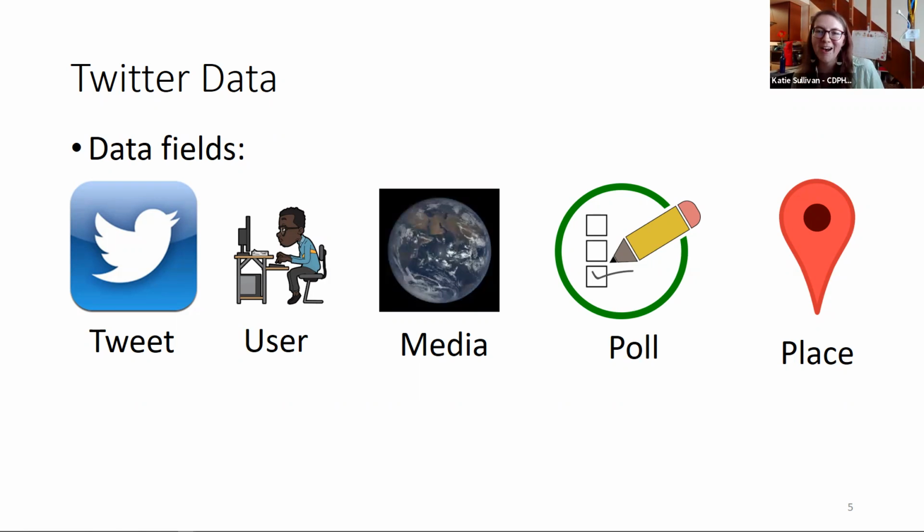So the user field or object, it's field or object, depending on what field you're in. In computer science, they're usually called user objects, but as a data scientist, I tend to call them fields. Nonetheless, the user field or object contains the metadata for the user. So things like the author ID number, the name, the username, and the name and username are different.